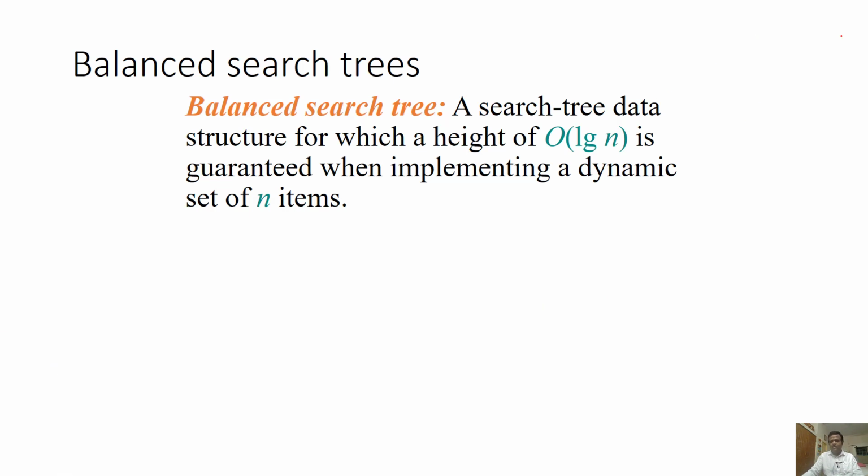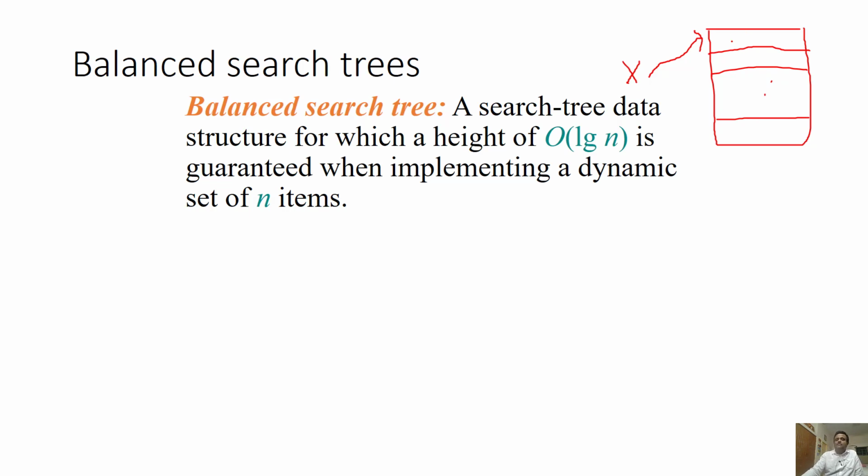So x is a record which is associated with many fields, or attributes. If you are familiar with databases, these are the attributes. A student record has many fields, suppose roll number, name, CGPA, SGPA. Depending on our application, we choose one field to be the key field. So this is the key of x.